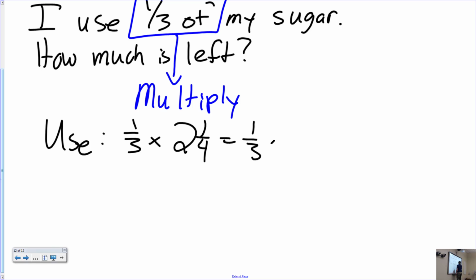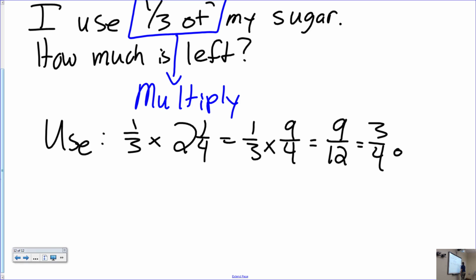This is 1/3 times 9/4, which is 9/12. And nicely enough, folks, what's 9/12? 3/4. That's how much sugar I used: 3/4 of a cup of sugar.